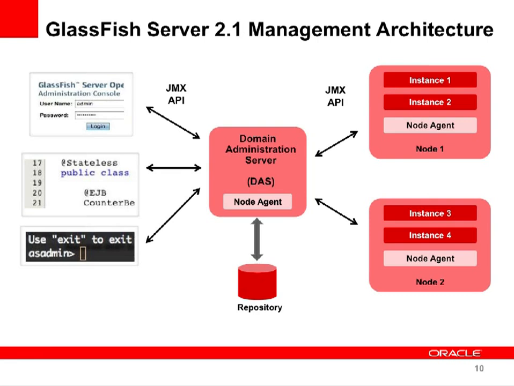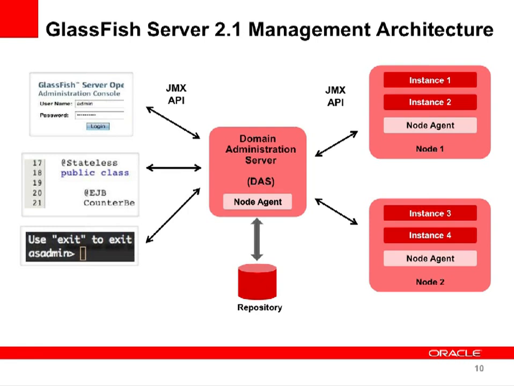On the left-hand side, what you see are means of gaining access to the administration server, basically to do administration. That means deploying applications, creating instances, and so on. In the upper left, we have a GUI administration console that existed in GlassFish 2.1. On the middle left, you see an IDE, NetBeans, it could be Eclipse, IntelliJ, or so on.